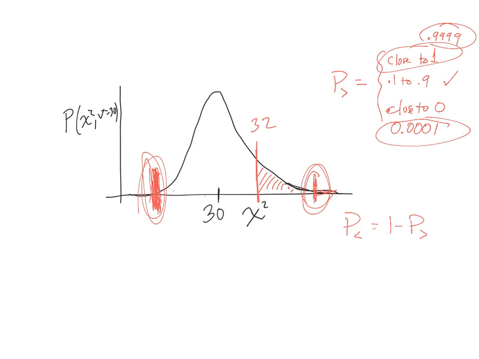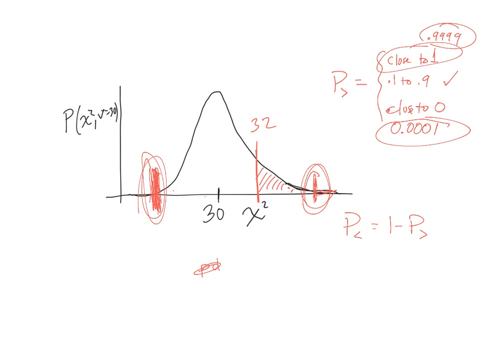Okay. All right, so MATLAB actually has a function that will allow you to calculate this. And I actually forget exactly what the name of the function is, but if you look up probability distribution chi-squared, you'll be able to find it.